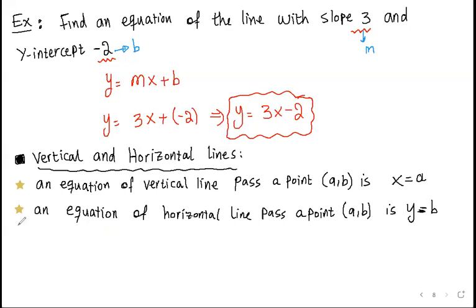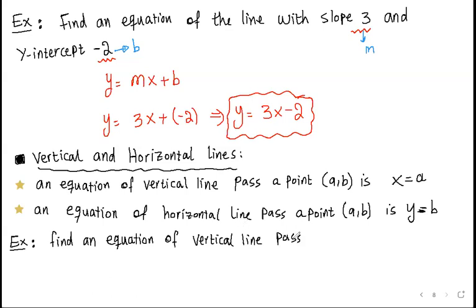Let me give you an example for these two things. Find an equation of a vertical line that passes through the point (3, 5).